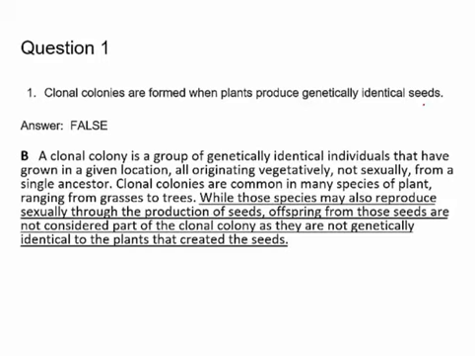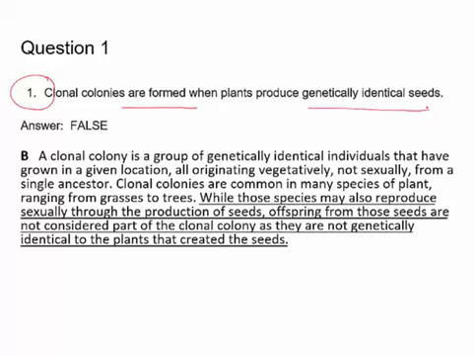We've got a kind of definition there. These plants may reproduce via seeds, as other plants do, but the new plants that arise from that form of reproduction are not considered part of this clonal colony. So, relating to question 1, clonal colonies are formed when plants produce genetically identical seeds.